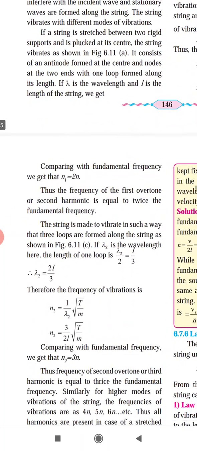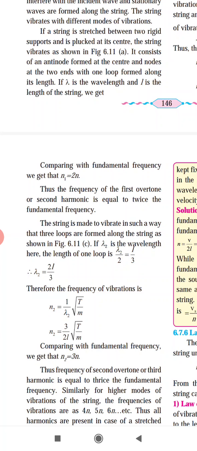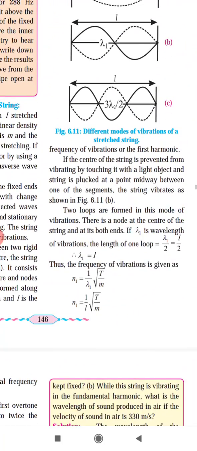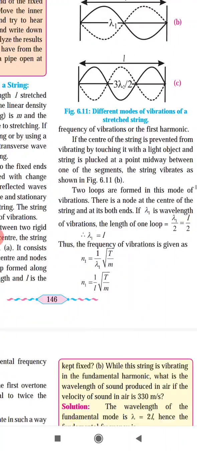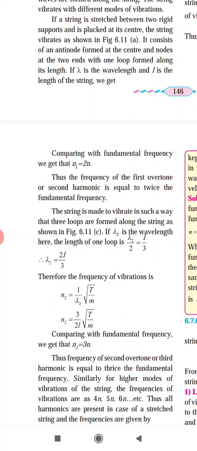Now the string is made to vibrate in such a way that three loops are formed along the string as shown in figure 6.11c. You can see this figure 6.11c, where three loops are formed. If lambda 2 is the wavelength here, the length of one loop is lambda by 2, which is equal to L by 3.